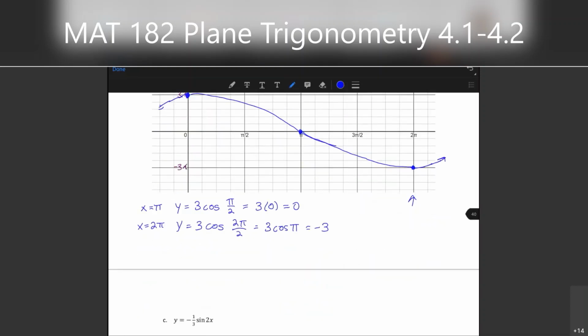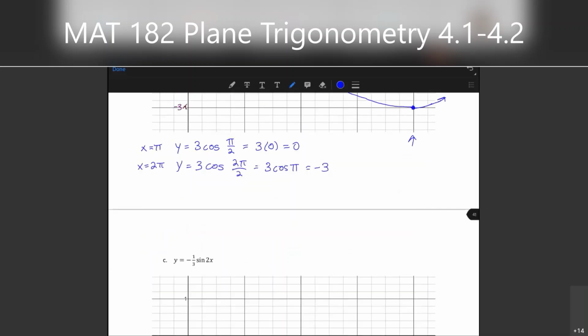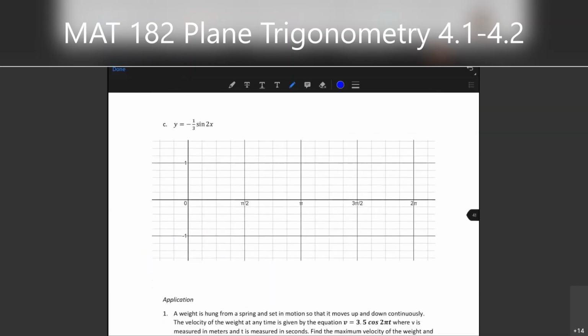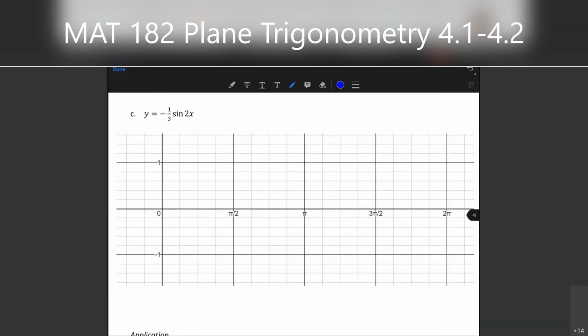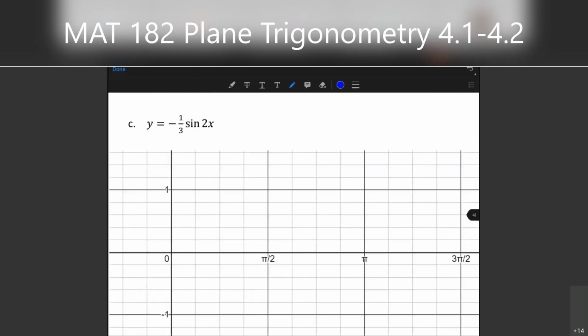All right, let's take a look at one more graph to round this out, and then we'll have a couple applications to finish our class. So the last one we have is -1/3 sine 2x. We'll start with our a and our b.